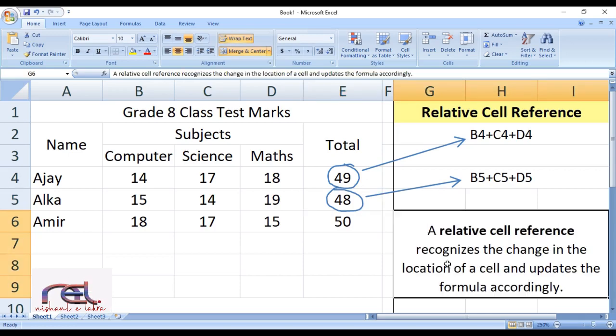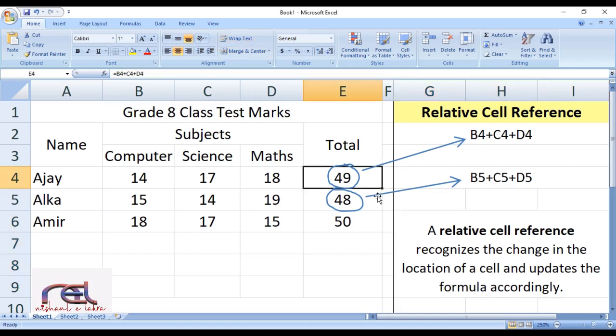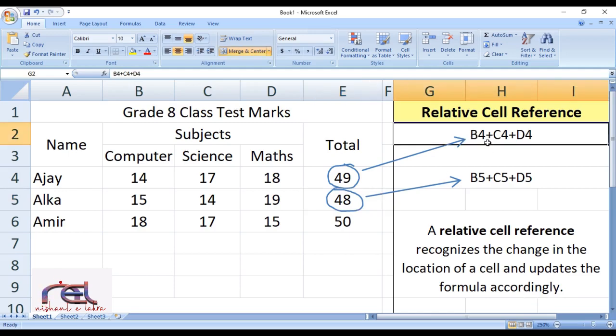Now a relative cell reference recognizes the changes in the location of a cell and updates the formula accordingly. Or we can say automatically it upgrades the formula. So from B4 it is upgraded to B5, from C4 to C5 and D4 to D5.